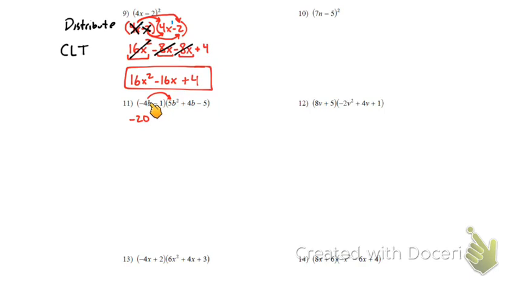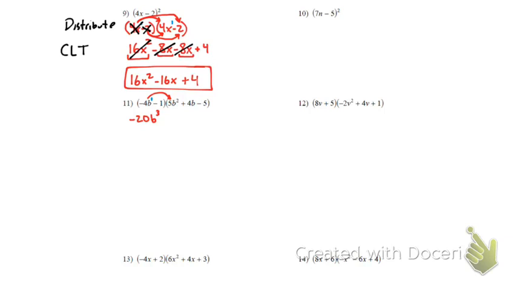And now we look at the variables. I have b and b squared. Remember, the b by itself is really b1. Okay? So when I'm multiplying the variables, we simply just add the exponents. So 1 plus 2 is 3. So it's going to be b to the third.